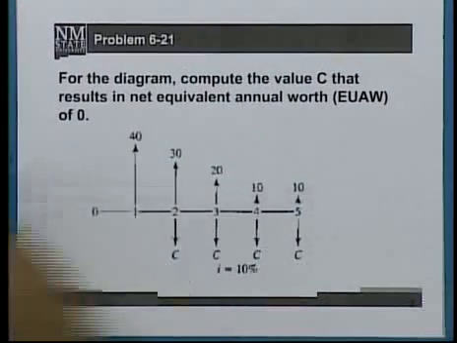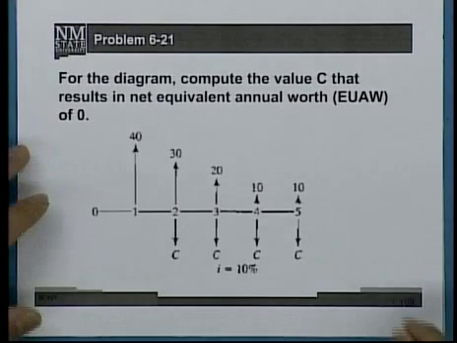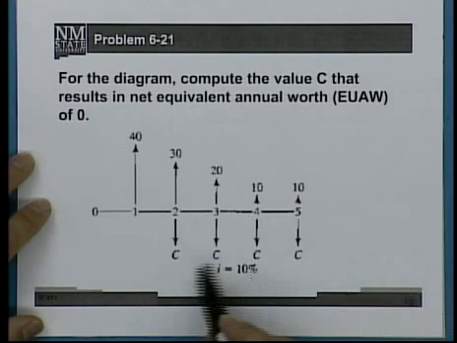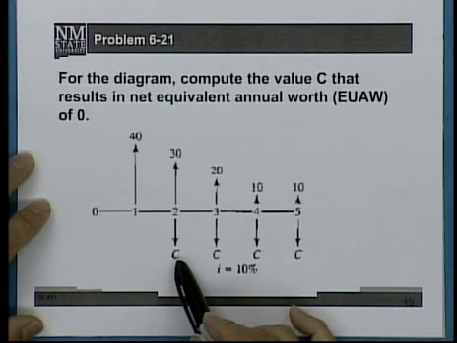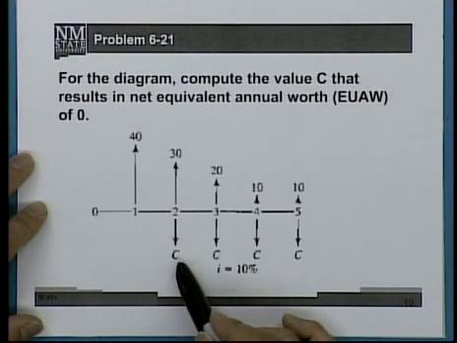Okay, next problem that we're going to solve is problem number 6-21. For the diagram, compute the value C that results in net equivalent annual worth of 0.